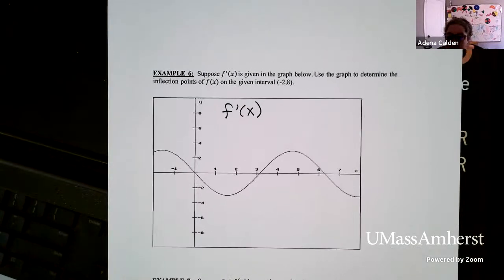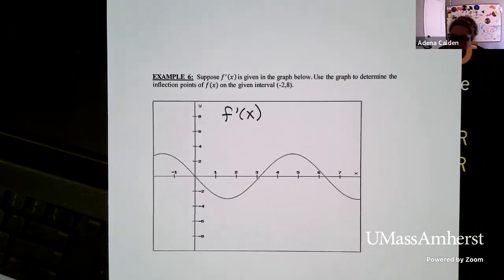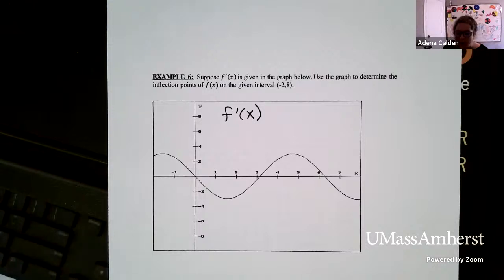So I want you to think about this. I want you to take 2 minutes, see if you can figure out what kind of information we can get about the second derivative. And then once you've figured out what kind of information we can get about the second derivative, think about if we might be able to use that to talk about inflection points on the original function.